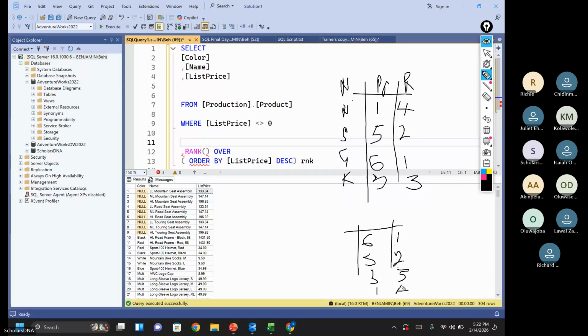You agree that this will be G, this will be S, this will be K, and this will be N. Do you agree with this? Yes, sir. You agree that this first one is the same thing as this?